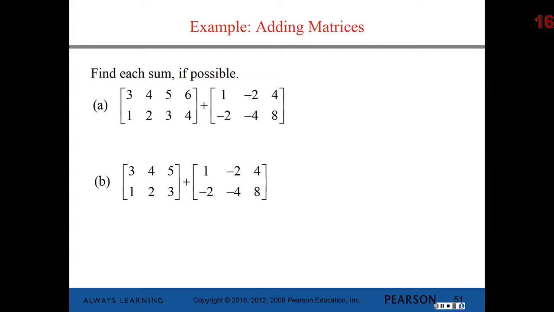No. In order to add two matrices together, their rows and columns must be identical. So for matrix A, that isn't possible. Matrix B is a 2 by 3 and a 2 by 3. So can you add a 2 by 3 to a 2 by 3? The answer is yes. So you should be able to find that sum.